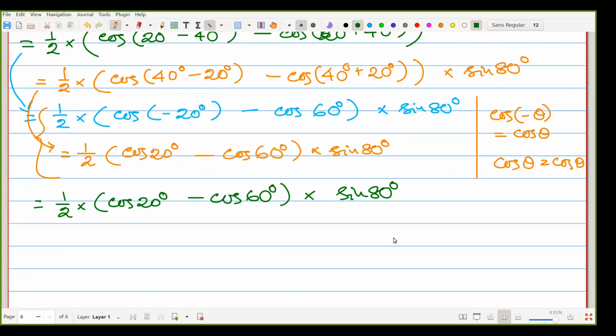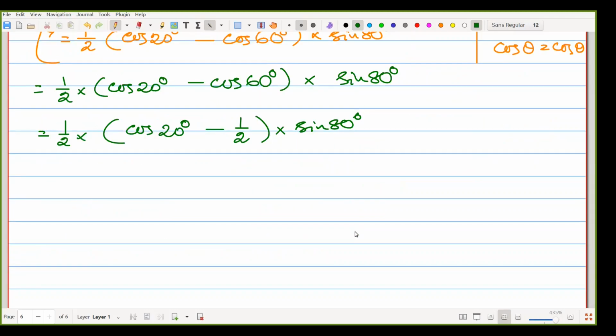So in that case, use the value of cos 60 degree. So half into cos of 20 degree minus the value of cos 60 degree, that means half, into sine of 80 degree. Multiply the sine 80 degree with both. So that one is cos of 20 degree into sine 80 degree minus half of sine 80 degree.